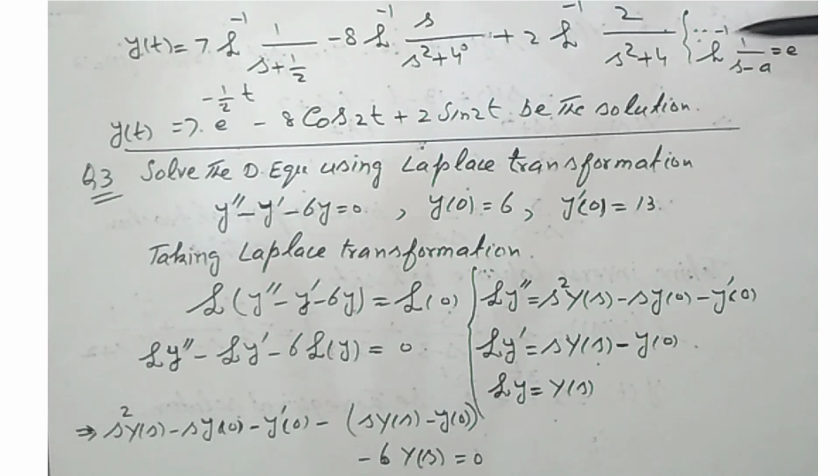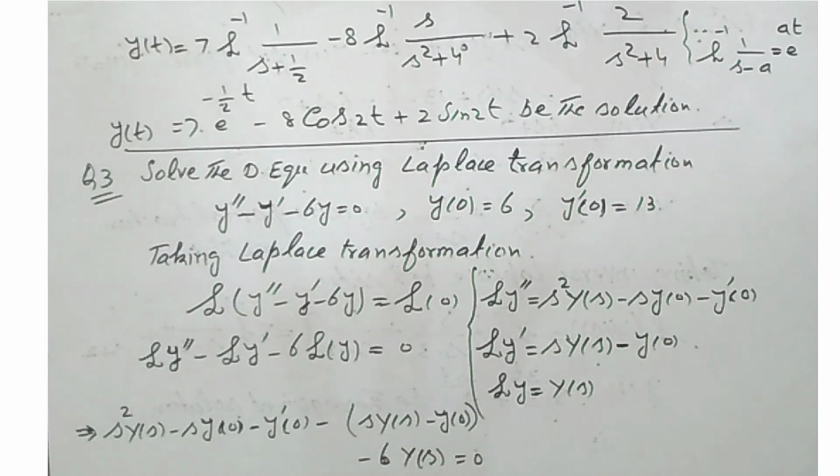By using the formula Laplace inverse of 1 by s minus a equals e to the at, this becomes 7 e to the minus 1 by 2t, minus 8 cos 2t, plus 2 sin 2t, and this is the required solution.